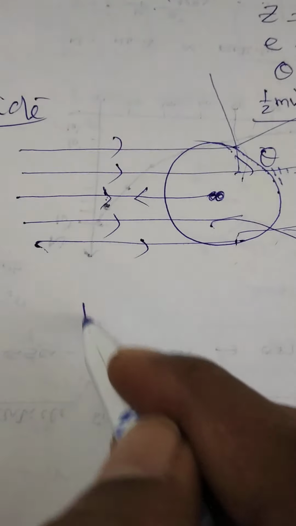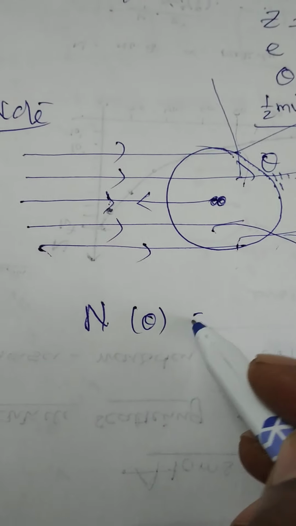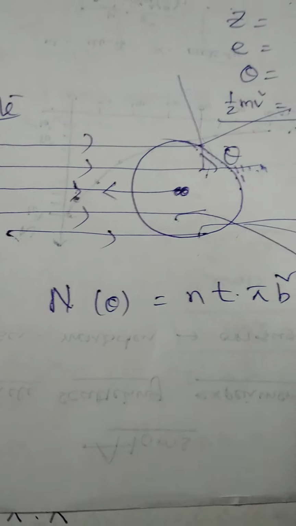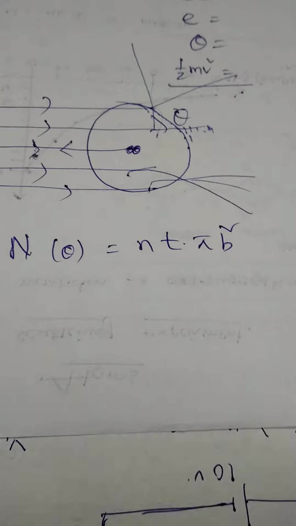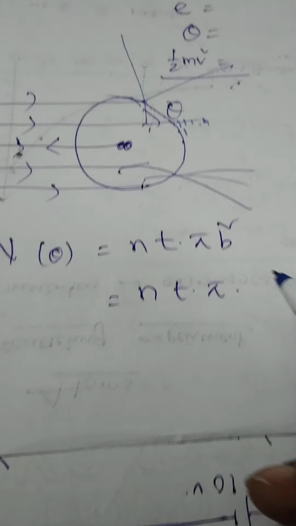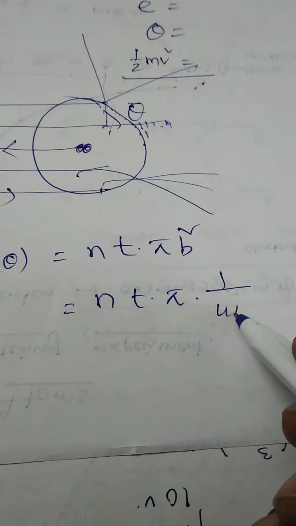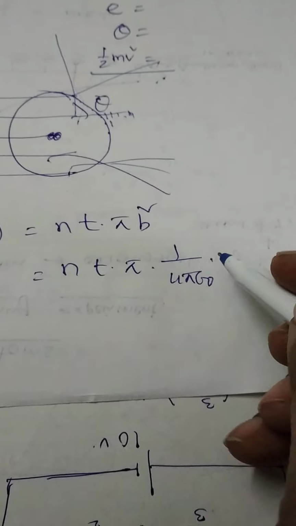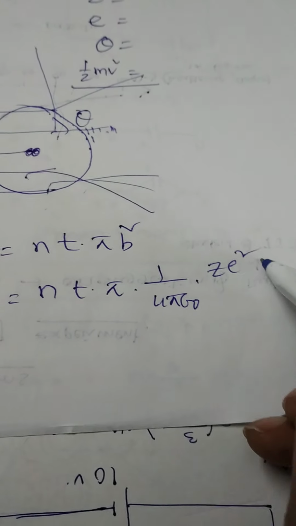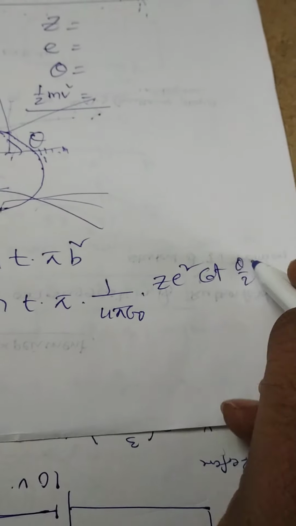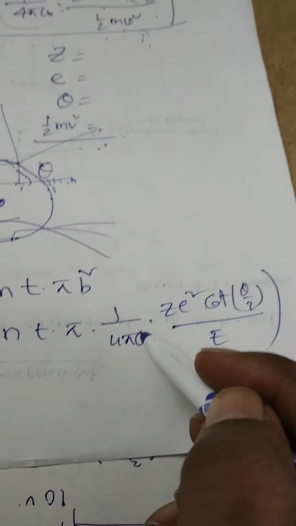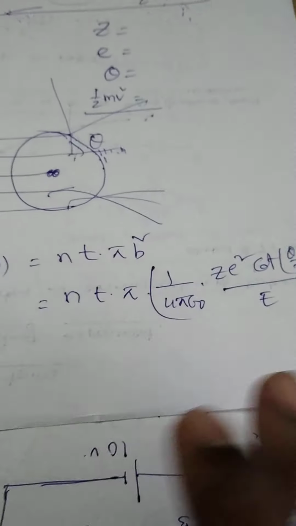The given relation is N theta is equal to small n into t into pi b square, where b, the impact parameter, is replaced by 1 by 4 pi epsilon naught into Ze square into cot theta by 2 by capital E, and capital E is the kinetic energy of the alpha particle, the whole squared.